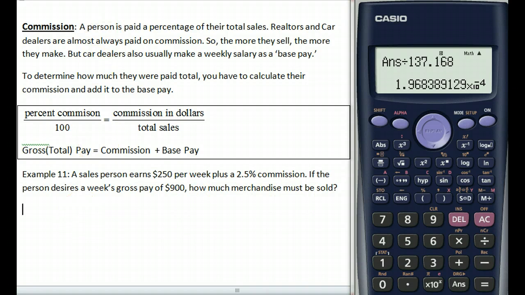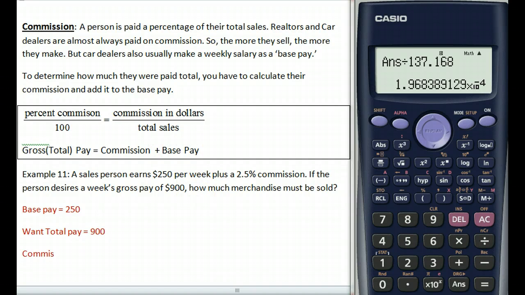So first of all, we need to state what we know. We know the base pay is $250, and they want a total pay of $900. So how do we figure out the commission? Since total pay is equal to commission plus base pay, I'm going to subtract them.